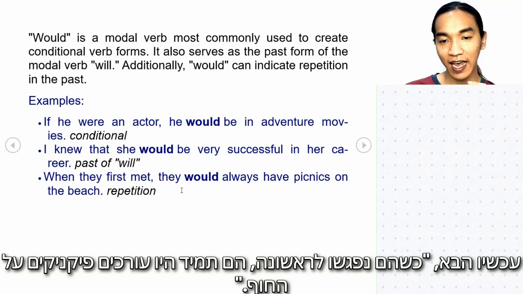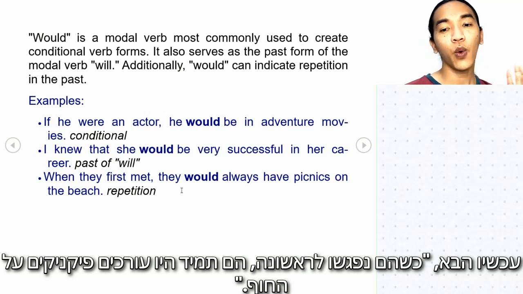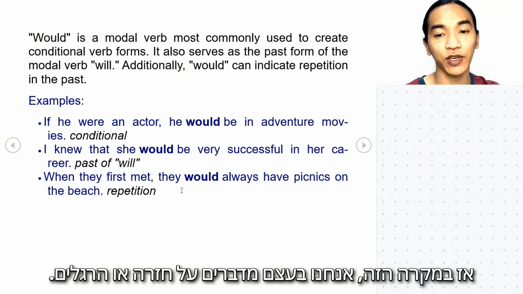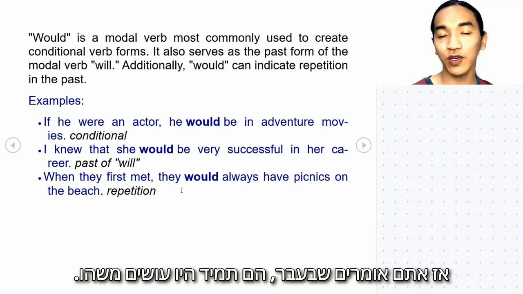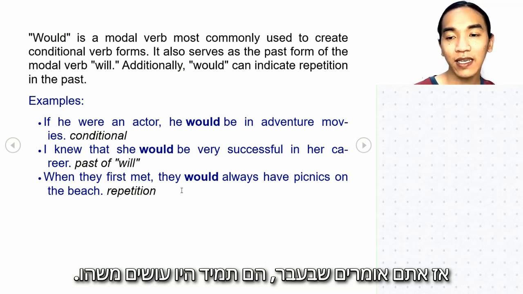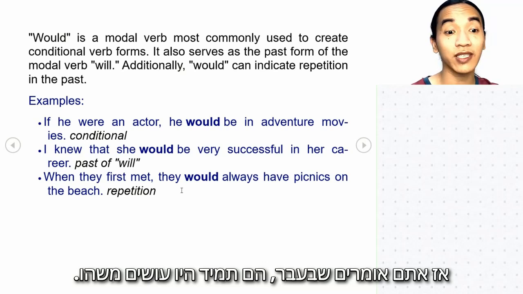Okay. Now, the next one, when they first met, they would always have picnics on the beach. Okay. So, in this case, we are actually talking about repetition or habits. So you're saying that in the past, they would always do something.